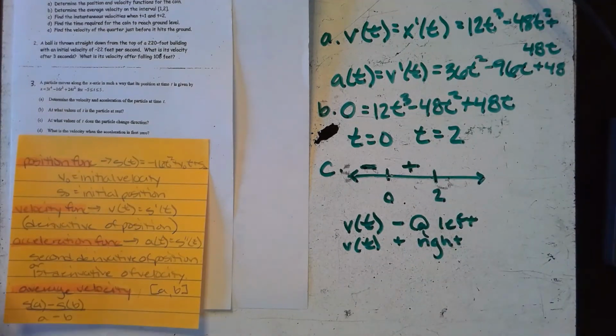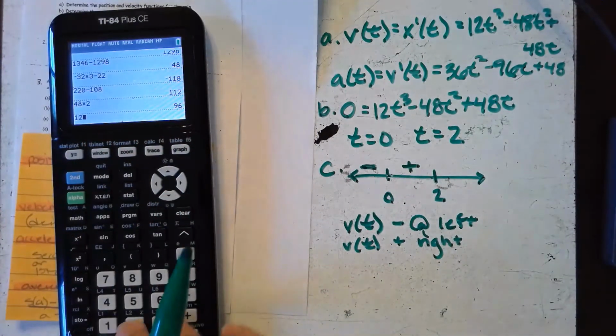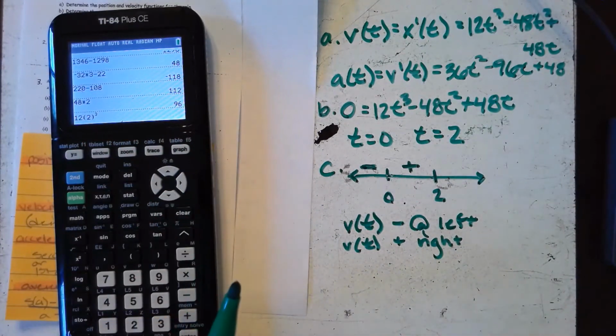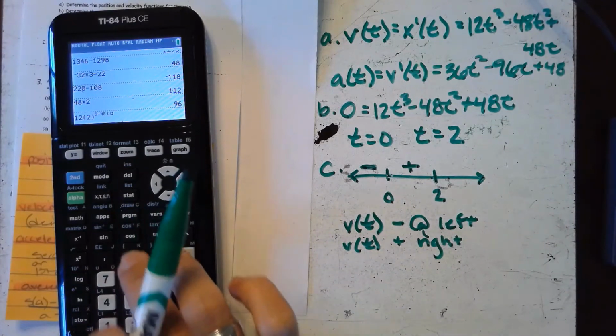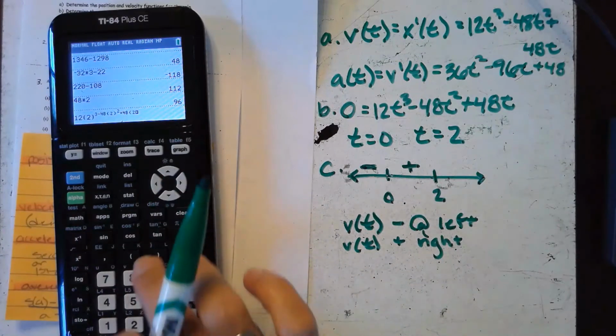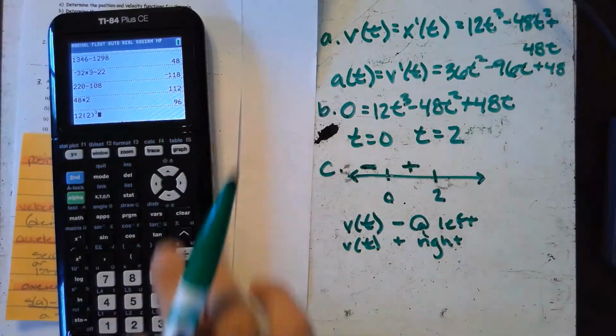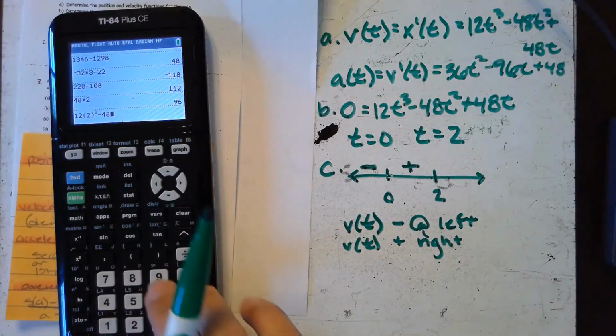If I plug 2 in, okay, so 12 times 2 cubed, minus 48 times 2 squared, plus 48 times 2. Make sure you're putting it in right. I always forget to arrow down.